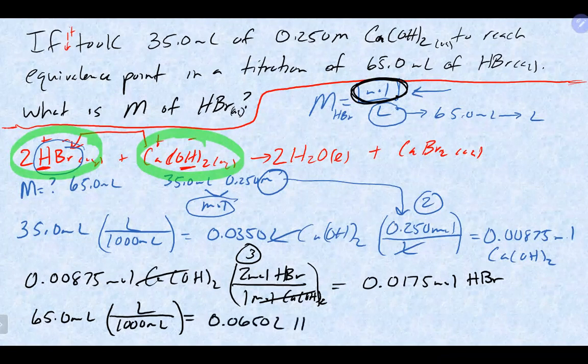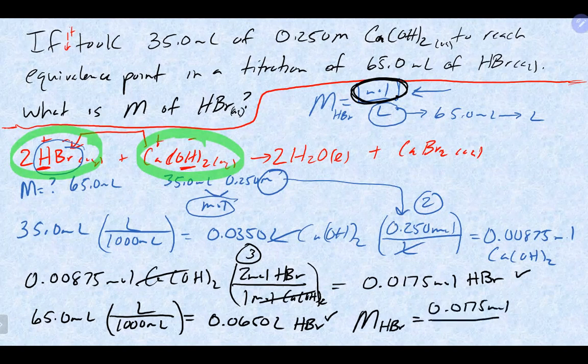0.065 liters of HBr. We now have the moles. We now have the liters. So the molarity of the HBr can be found by just dividing the two. Going to get us divided by 0.065.